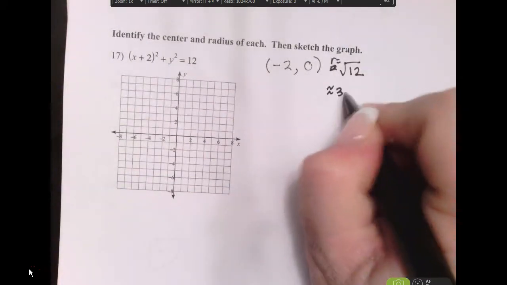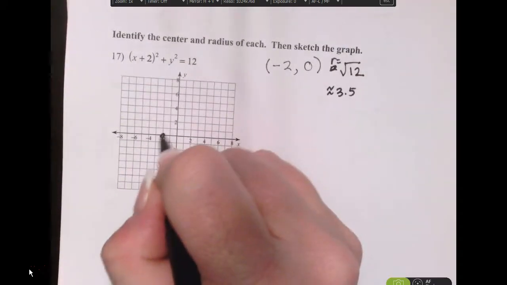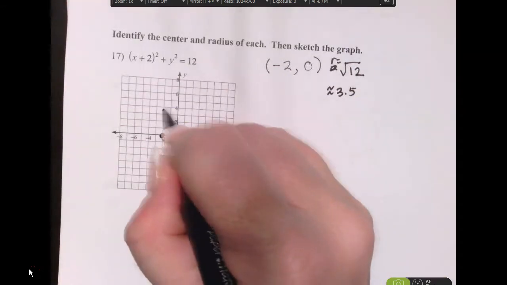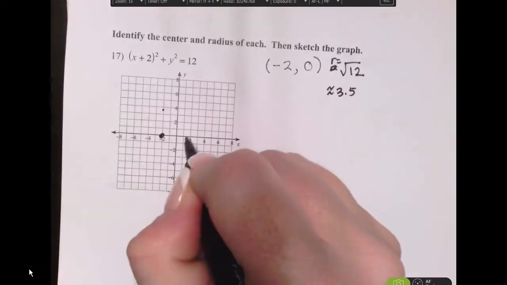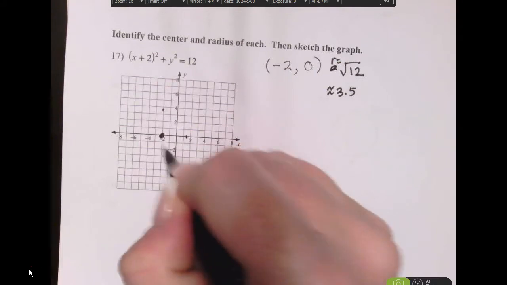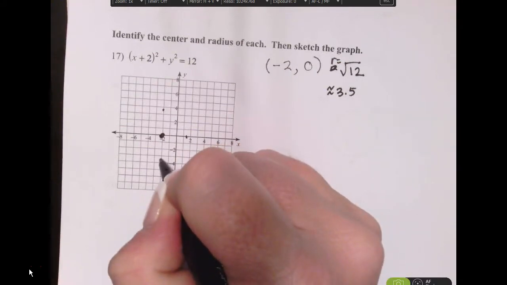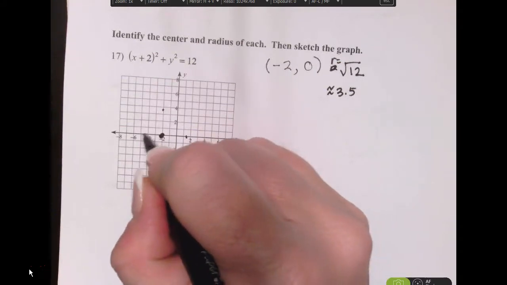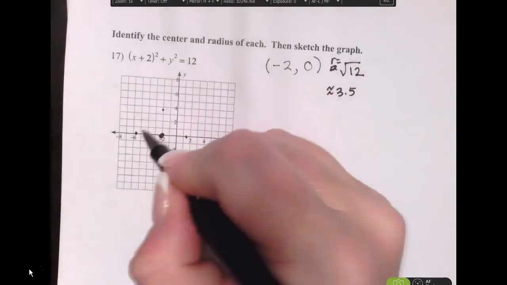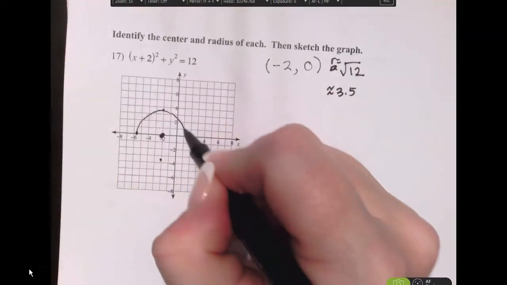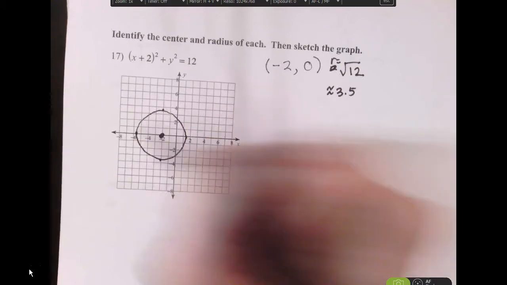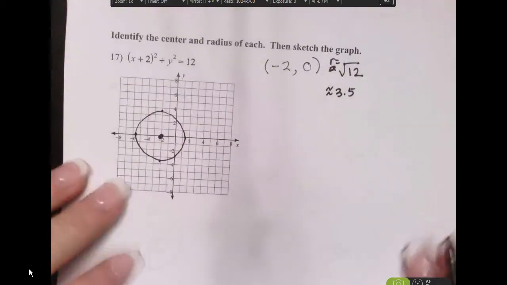So I'm going to go to -2, 0, and then I'm going to go 3.5 out from each of those. That's going to make my circle. And there we go.